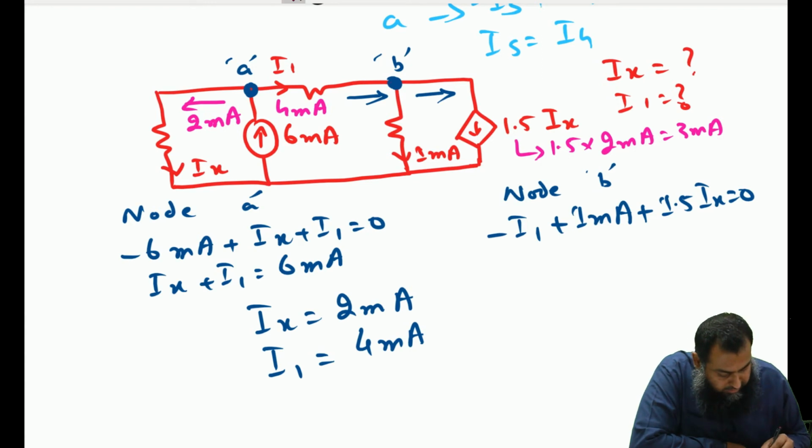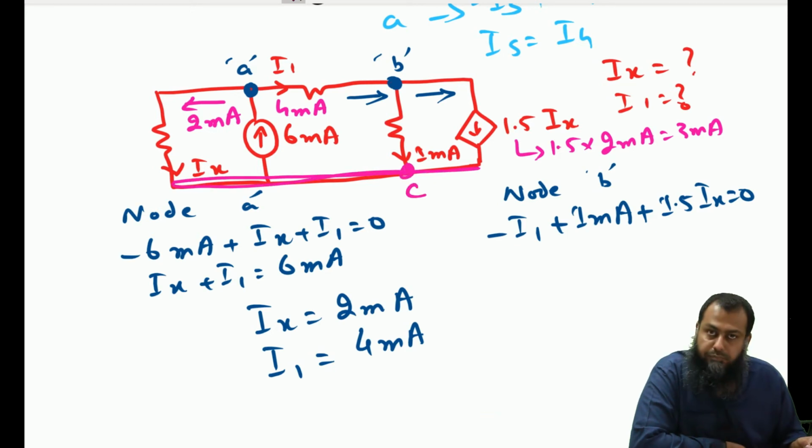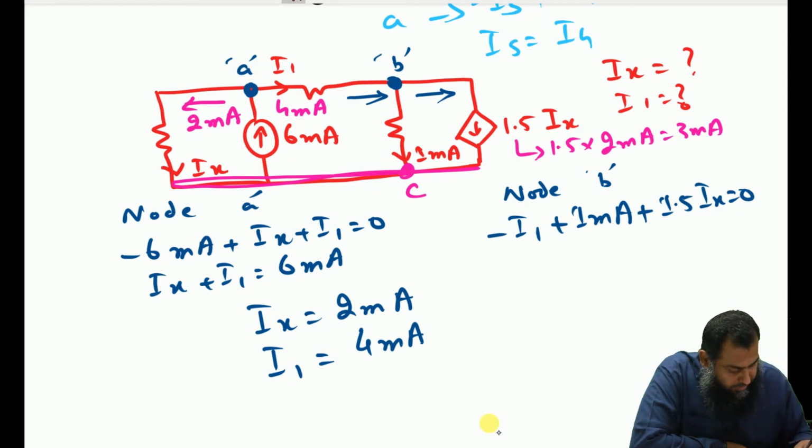Notice here that this whole line at the bottom is actually node C. If I apply Kirchhoff's current law at node C to see whether it holds true, we have 3 milliampere coming into this node C from this dependent current source.